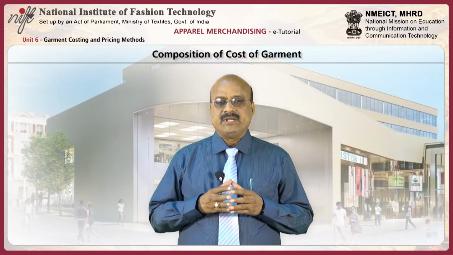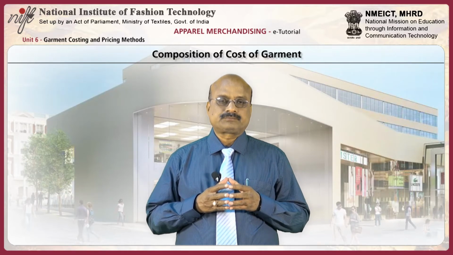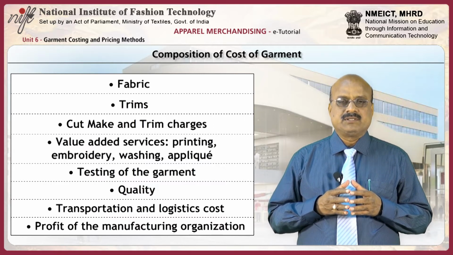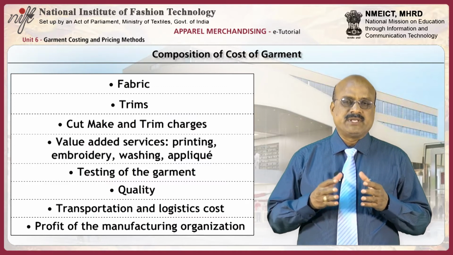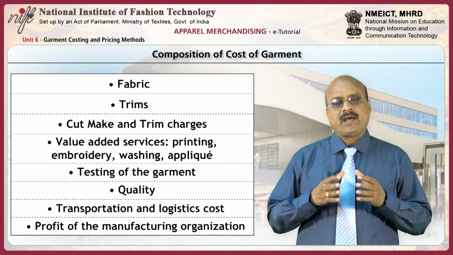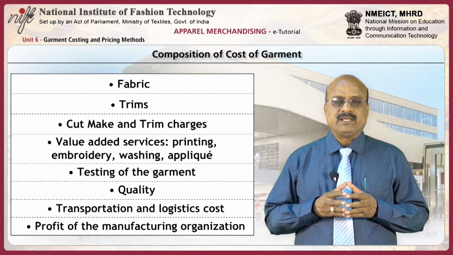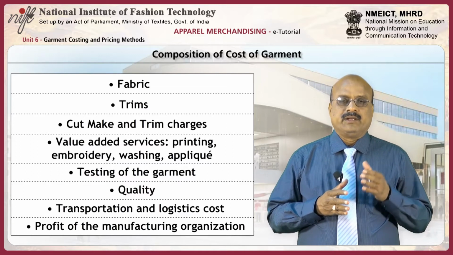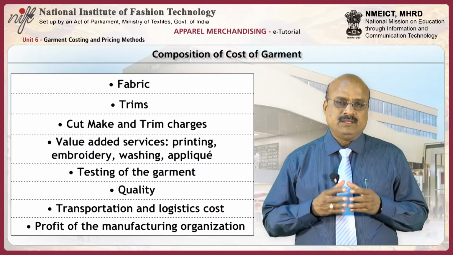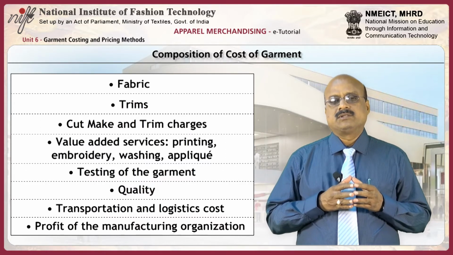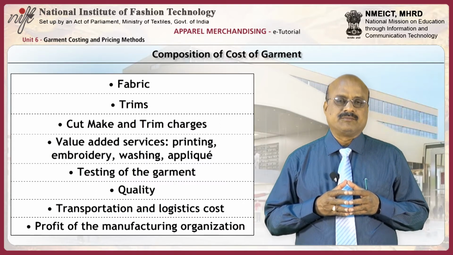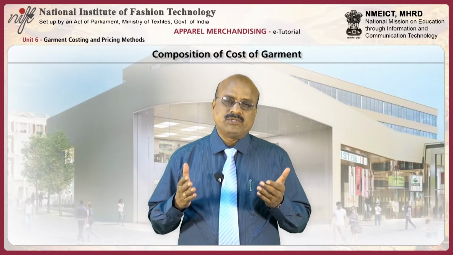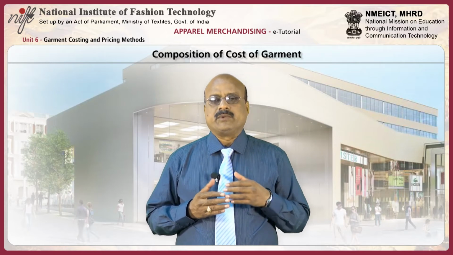The cost of a garment depends on these components: fabric, trims, cut, make, trim charges, which is known as CMT and sometimes as CMTP, cut, make, trim and pack, value added services like printing, embroidery, washing, applique and testing of the garment, quality, transportation and logistics cost, and profit of the manufacturing organization.